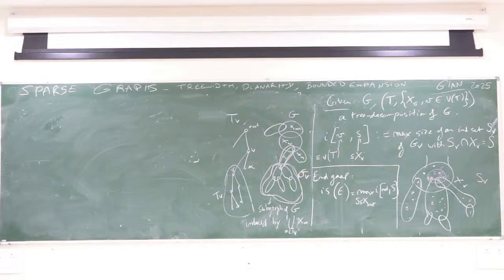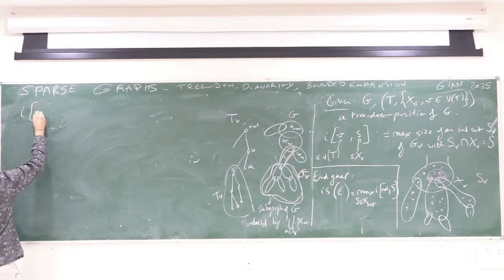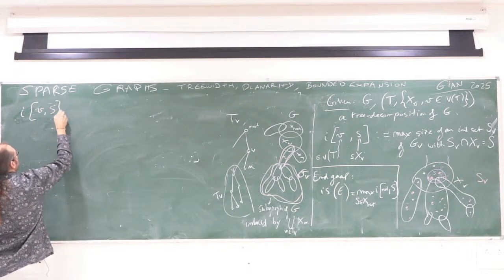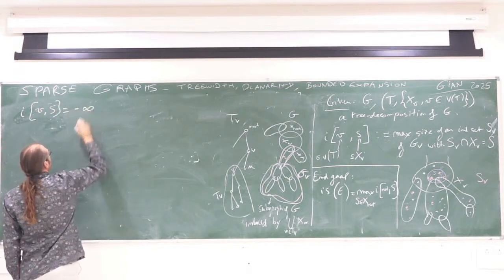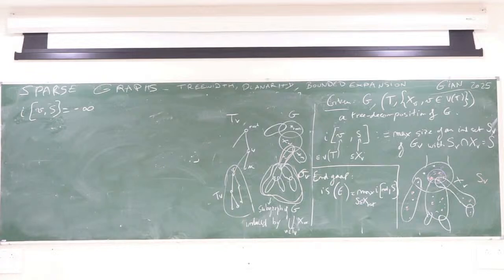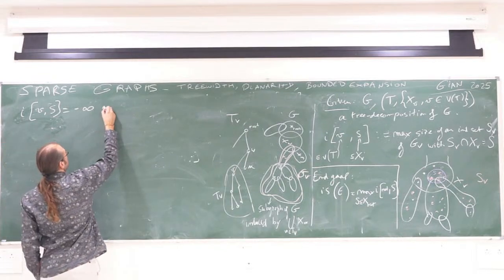So what's the formula I want to show? In general, I will just say that this is undefined if S is not an independent set.